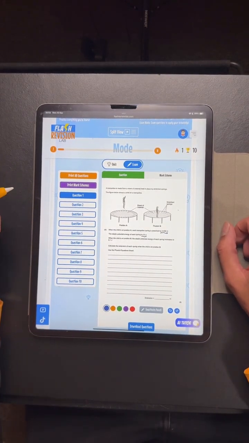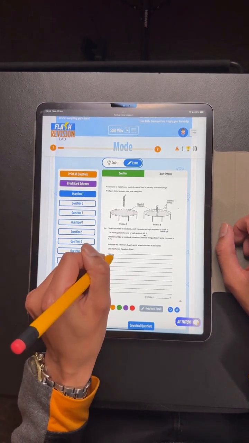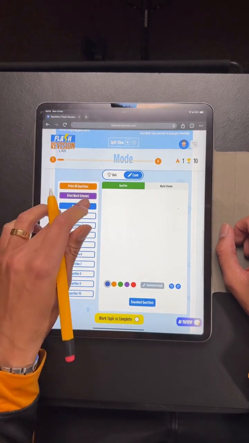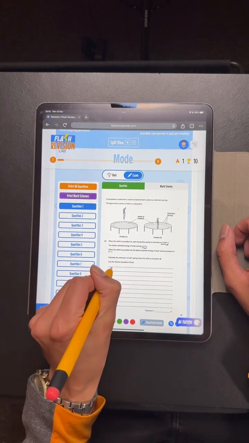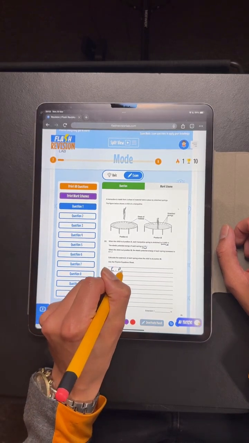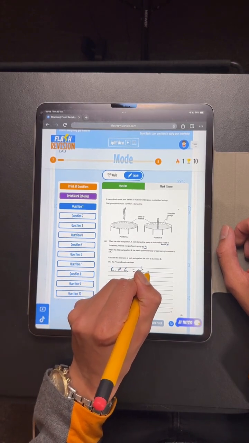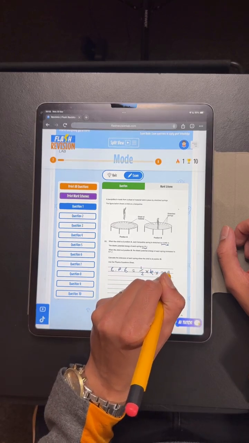To do that, we're going to need to know what the elastic potential energy equation is. You can use the equation sheet, as it says, but the equation will be EPE, so elastic potential energy for short, is half times the spring constant, which is a letter K, times the extension squared.